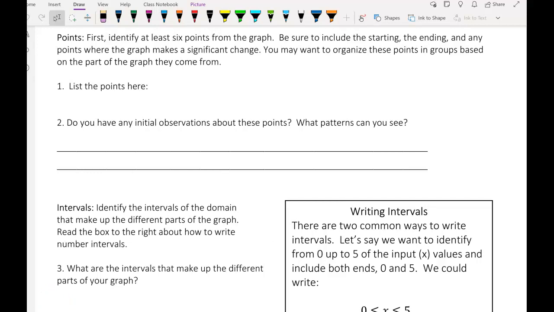All right, let's take a look at some of the points you listed and talk about your initial observations. So, Valentine, what's one point that you and your group came up with for the graph? 0, 10,000. All right.